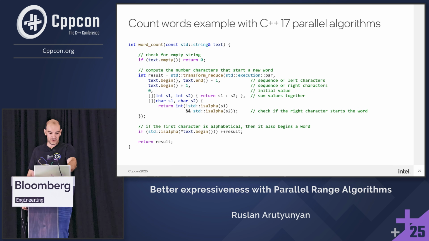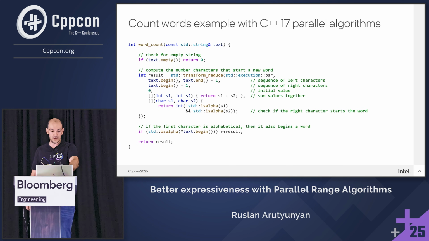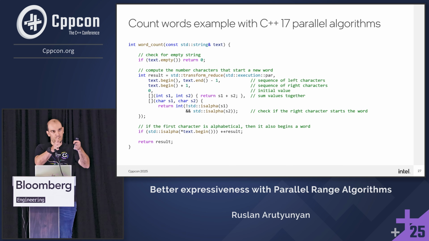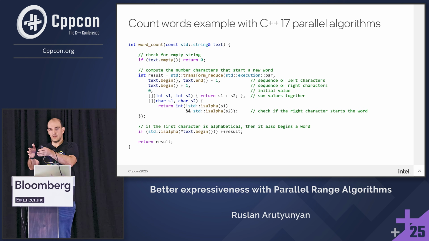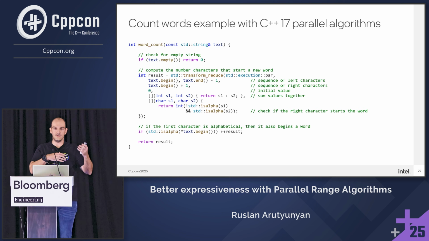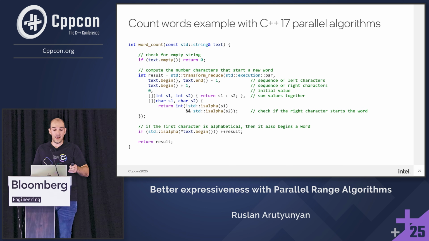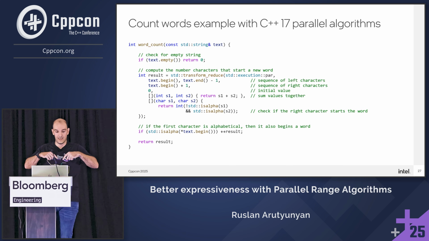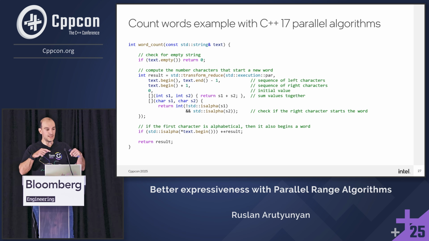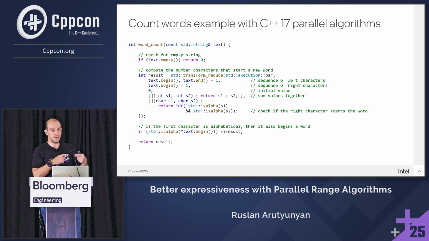In the transformation function, we check if the symbol that we got is not alpha, and the second symbol that we got is alpha. We count that as the beginning of a new word, and we convert it to int because we need to reduce after that. So we reduce all the ints, and that's how we calculate the number of words.